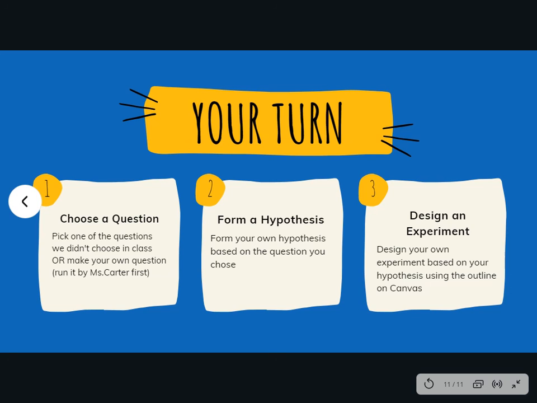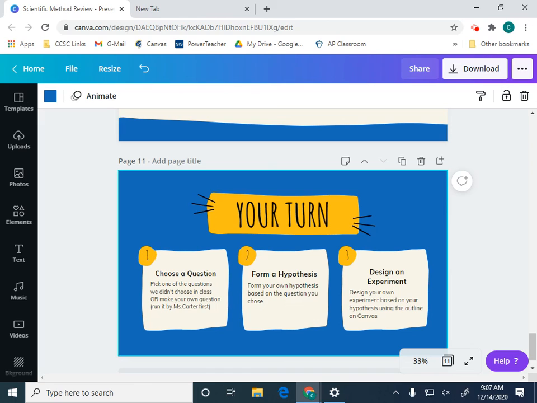All of this is laid out in a chart for you on Canvas. If you open up Canvas, there is a little chart for you to fill out. Nothing too crazy. Choose a question, write your hypothesis, do exactly what we did together. Cool beans? If you want the questions back up, I will do that as well.